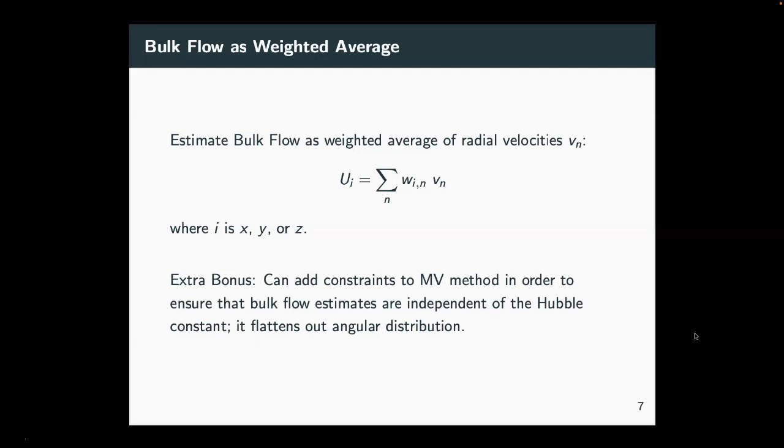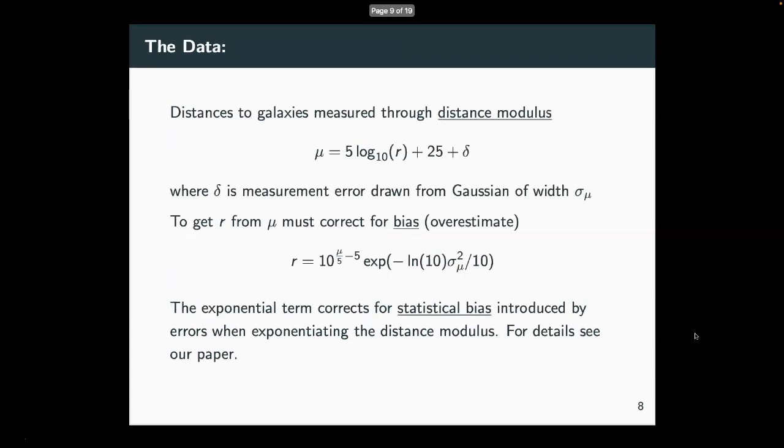What you want to do is make sure your survey samples all the directions evenly, and that will ensure that you average out that effect of the Hubble constant. So it's easy to add a constraint to make sure that happens, so that you don't end up having the phantom radial flow reflected in your bulk flow.